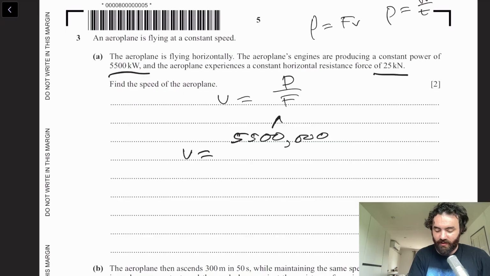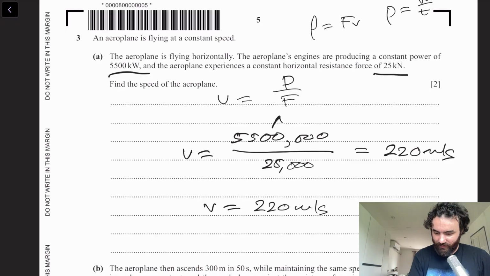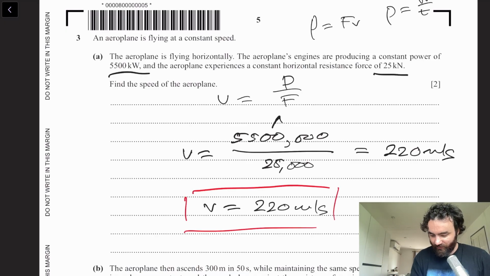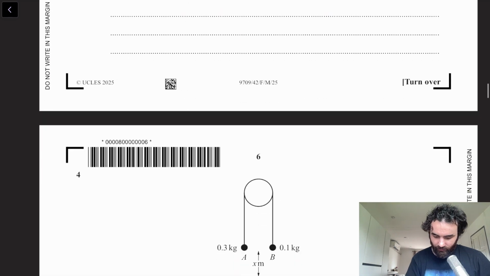Okay, so this K means 1,000 divided by 25,000, which gives you 220 meters per second. That seems surprisingly easy. So I might have to see after I've done this question whether I got that wrong or not. Okay, but let's just do the rest of the question.